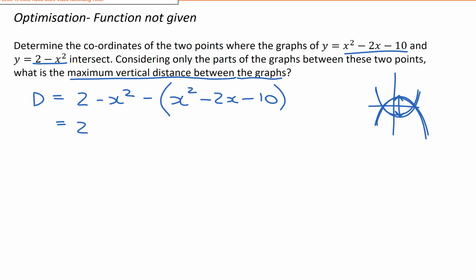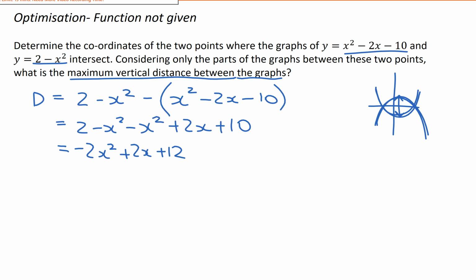That's going to become 2 minus x squared minus x squared plus 2x plus 10. Just subtract it from the bracket. So it's going to be minus 2x squared plus 2x plus 12. So there is my function for the vertical distance between my two graphs.